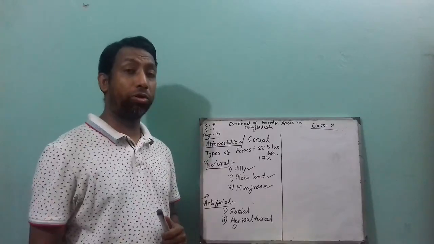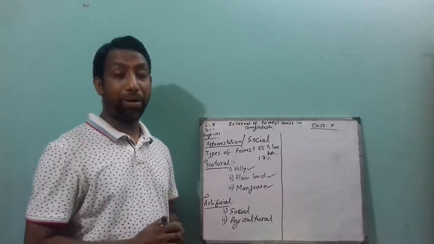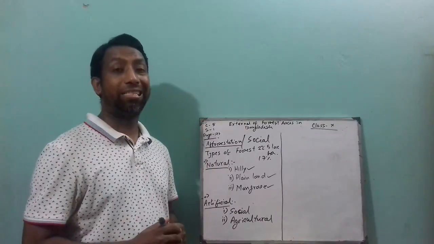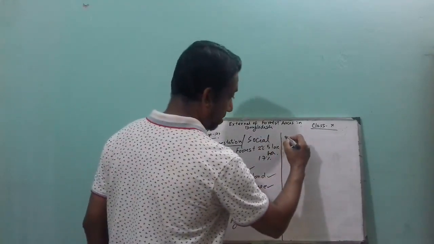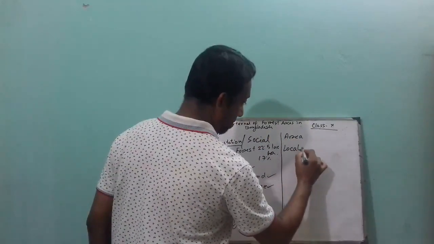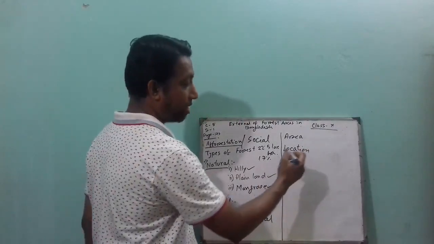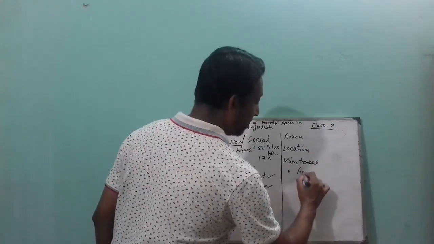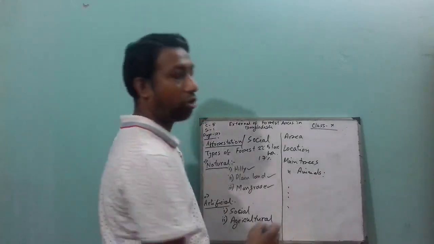In your textbook they describe it as a paragraph, but if it comes in your exam, then you have to write it in different points, like area, location, main trees, main animals, and so on.